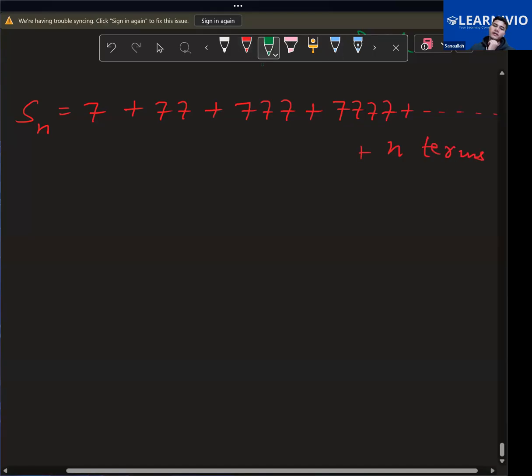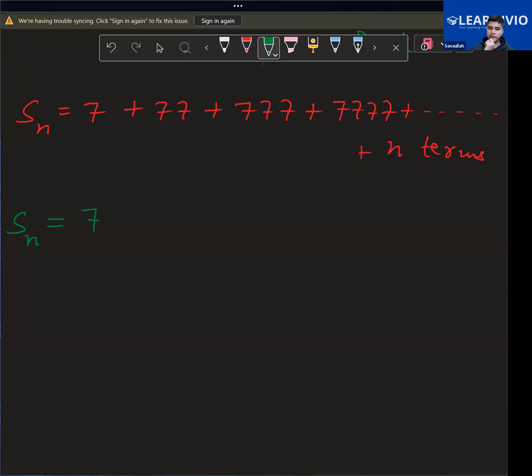For this type of question, in the first step you always have to take 7 common. Then what is inside?